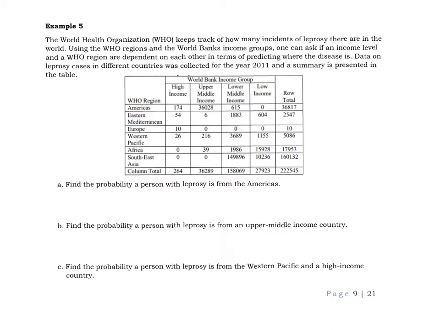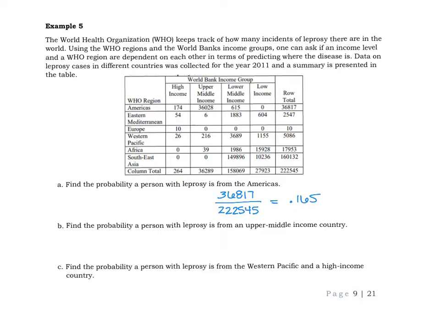So we've got some information here on how many people have leprosy based on regions of the world as well as their income level. So the probability someone with leprosy is from the Americas. That would be the 36,817 people out of the total 222,545 for a probability of about 0.165.